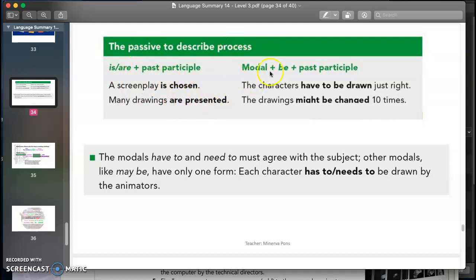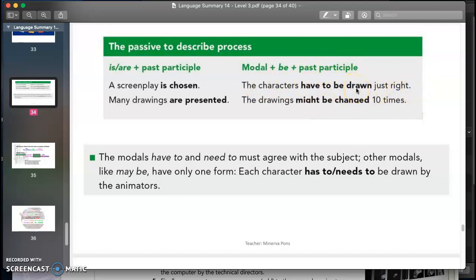Then we also have modals to describe process using the passive. So we have modals plus the verb be plus past participle. The characters have to be drawn just right.